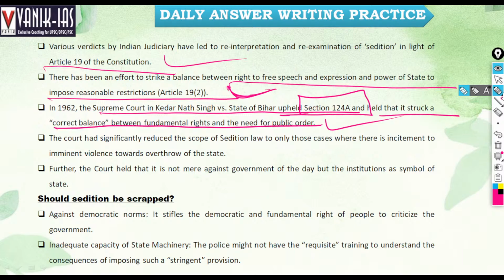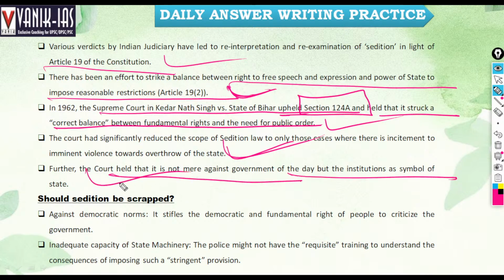The court significantly reduced the scope of the sedition law to only those cases where there is incitement to immediate violence to overthrow the state. Yes, if there is incitement to immediate violence, then you can impose sedition. Further, the court held that it is not merely against the government of the day, but also institutions as a symbol of state.